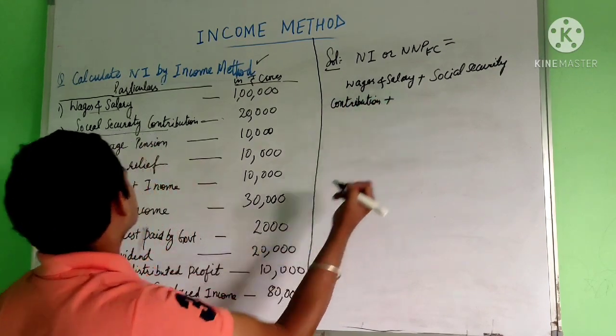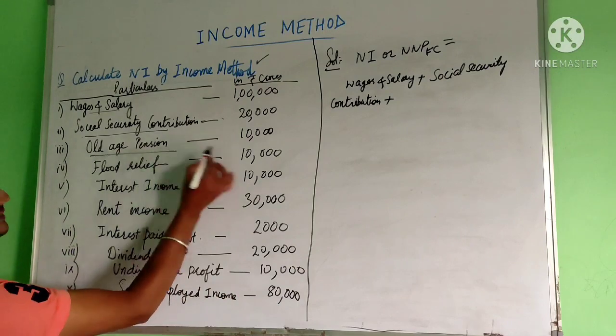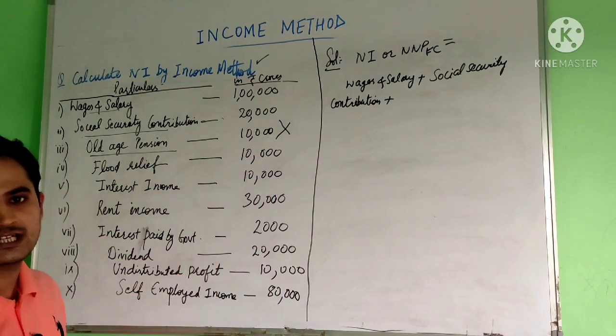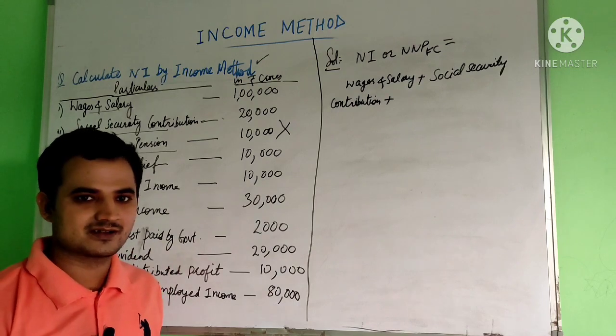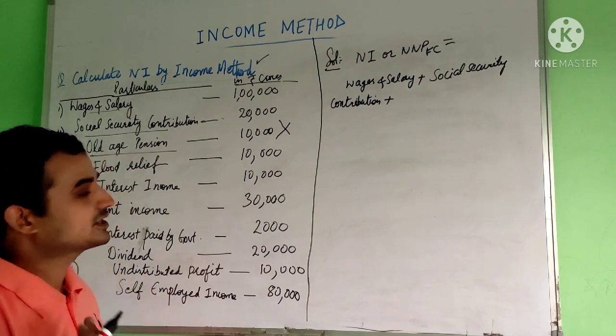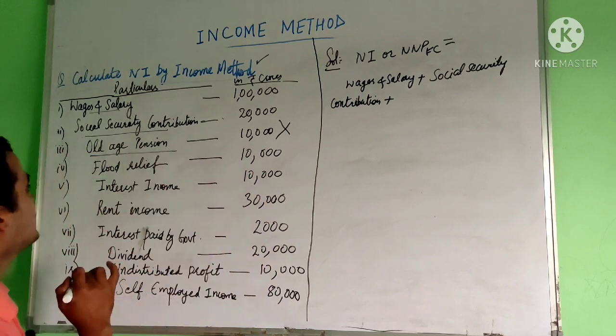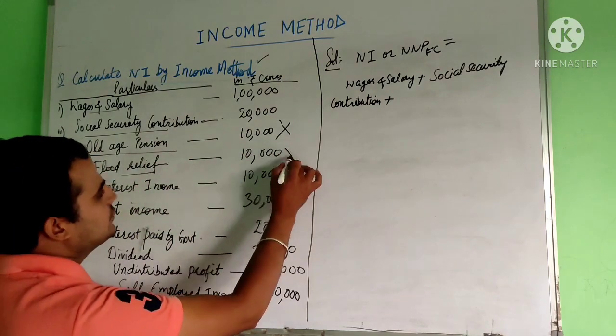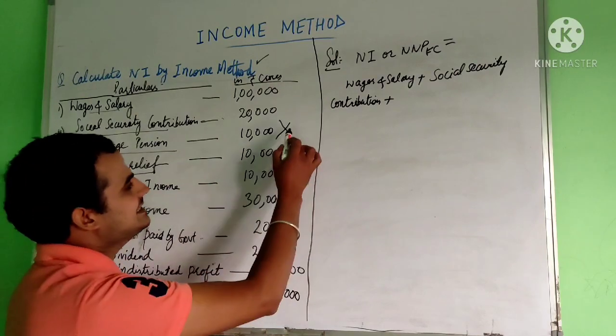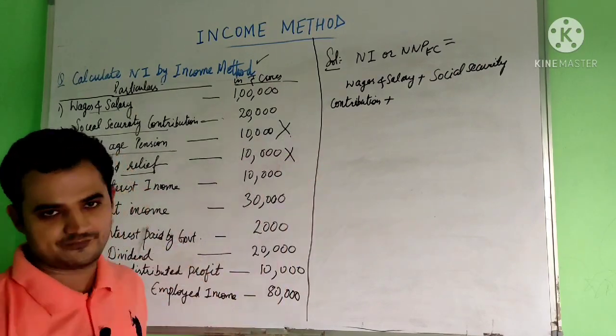Old age pension is not included in national income because it is not paid for productive work, so we will not include old age pension. We will not include flood relief. Again, this is not factor income.